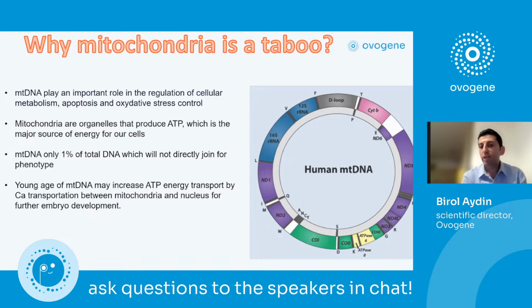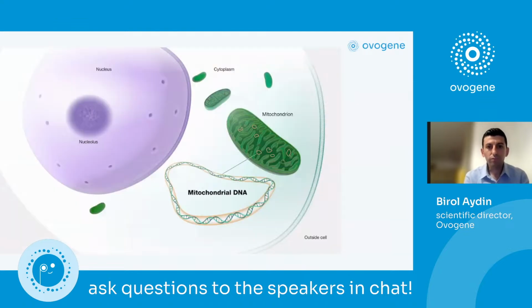Young mitochondrial DNA may, of course, increase ATP energy transportation by calcium between the mitochondria and nucleus. This is how we are designing mitochondrial transfer technology, and why we are using young, high-efficiency, and tested egg donors.